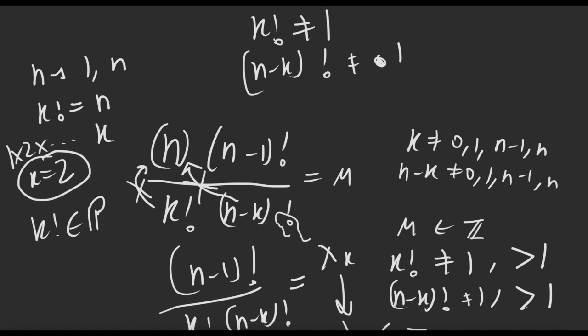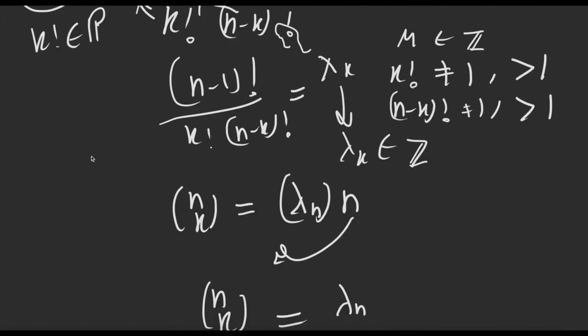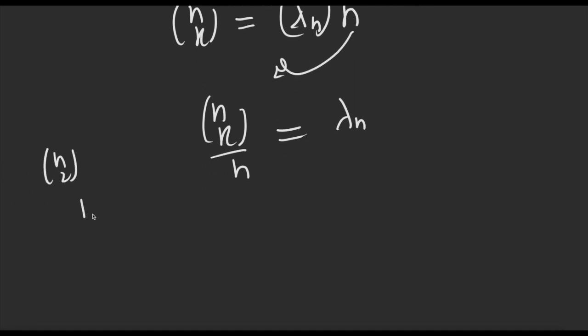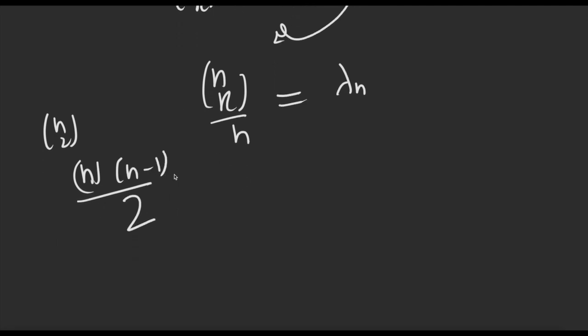So let me just look at that special case where k is equal to 2. So we have nC2, which is n into n minus 1 divided by 2. So basically nC2 divided by n is n minus 1 divided by 2.